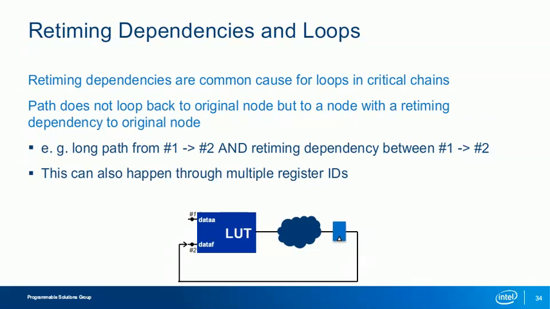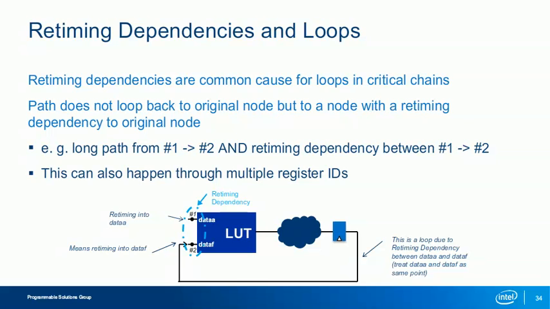In this example here, register IDs number 1 and number 2 have a retiming dependency. Thus, retiming into data A, register ID number 1, requires retiming into data F, register ID number 2. Since there is also a path that leads from data A to data F, or register IDs number 1 to number 2, these conditions form a loop in the eyes of the Hyper Retimer.